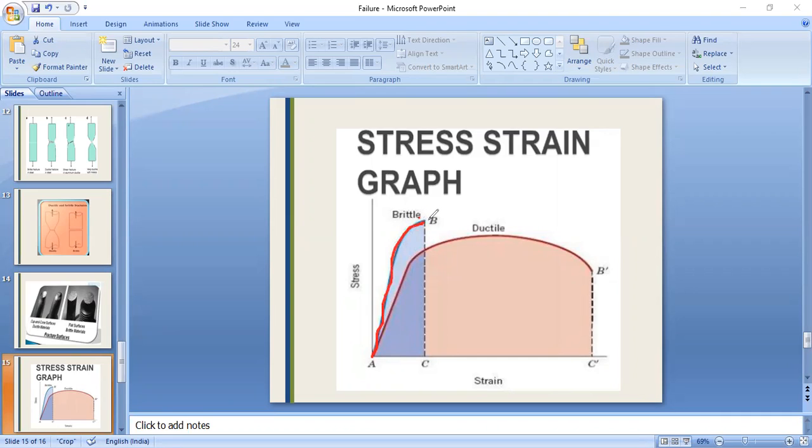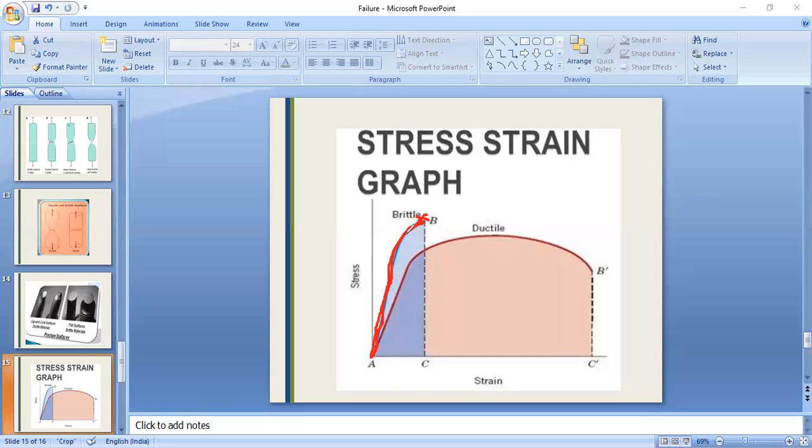This is the fracture point. It means within the elastic limit, the material fails, and there is no plastic deformation. It is not giving any kind of information. A sudden fracture is going to take place in a brittle material.